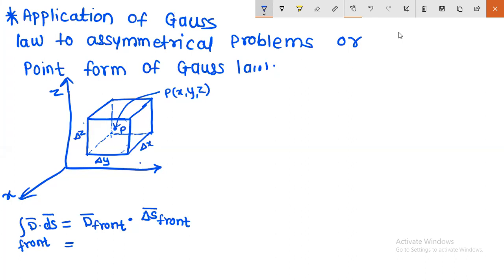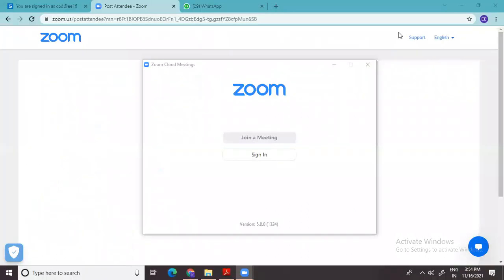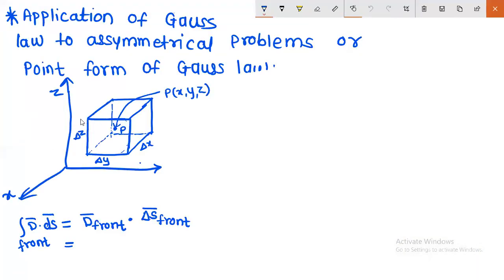Now tell me which is the perpendicular vector to the front side. So, is my arrow visible for you?